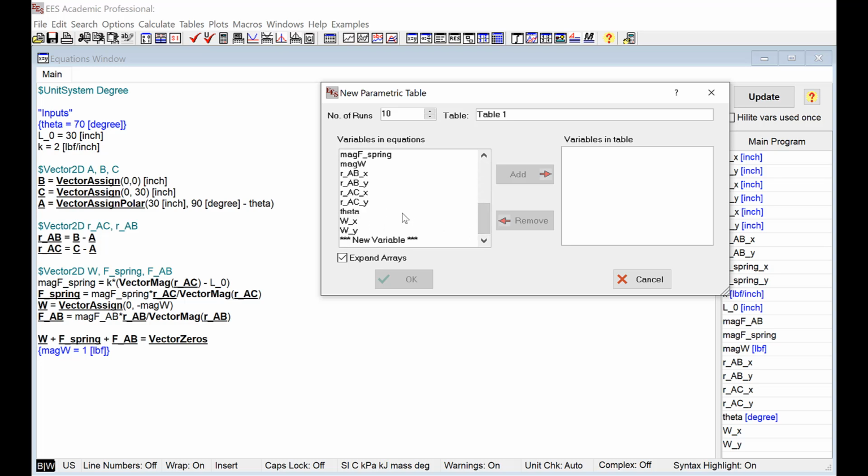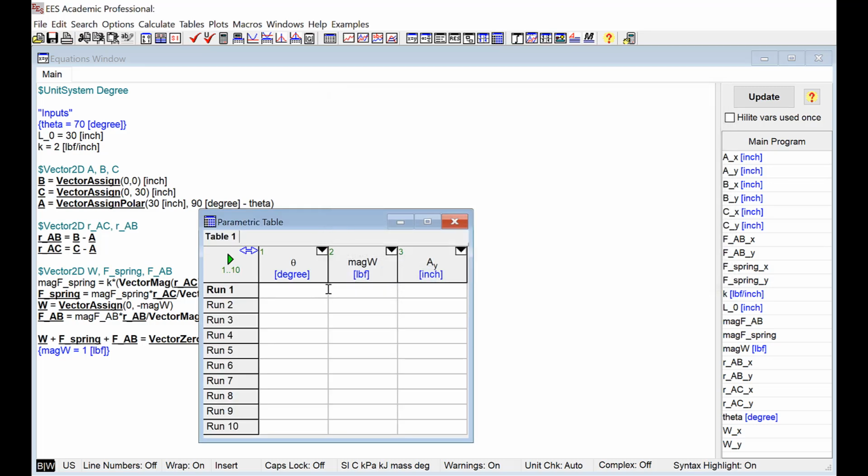In here, I want to put for sure theta, the magnitude of W, and what else might I want to put? Maybe I want to put the position of A. So this would be A sub Y, I think, right? So how much does point A change its position vertically as I pull on it?